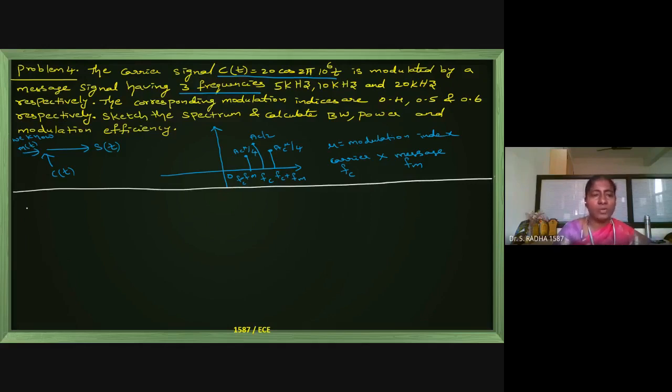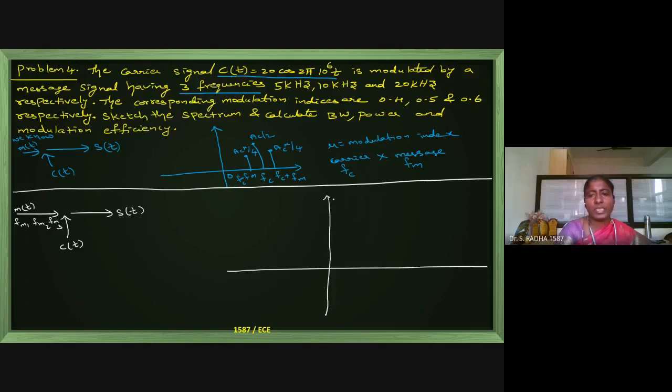But now the message signal M of t has three frequencies, Fm1, Fm2, Fm3. We are multiplying a carrier with this message, and finally we get S of t. So in this case, on the x-axis and y-axis, we will have one amplitude at Fc.